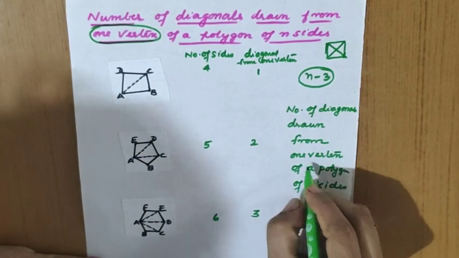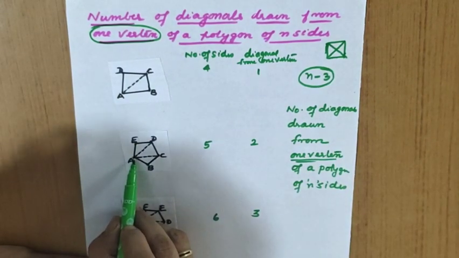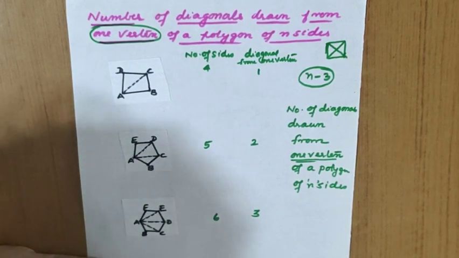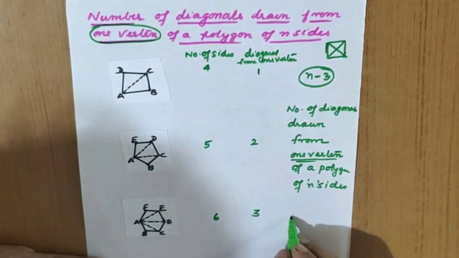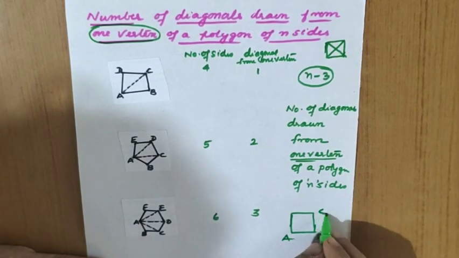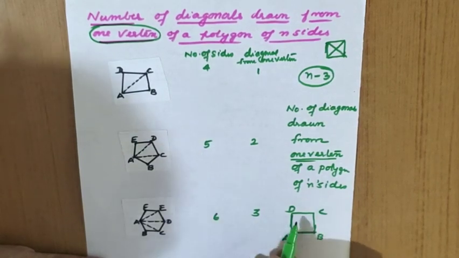That means from one vertex we are taking; if A is the selected vertex, we use A only. We are not drawing any diagonals from B, C, D, E. Here also, A only we have chosen. We are not drawing from B, C, D, E, F. Suppose we take a quadrilateral, a 4-sided figure, marked A, B, C, D. Based on this question, if I have chosen B, I should draw only BD.